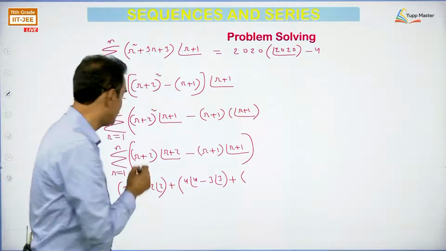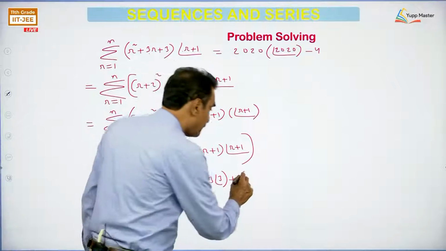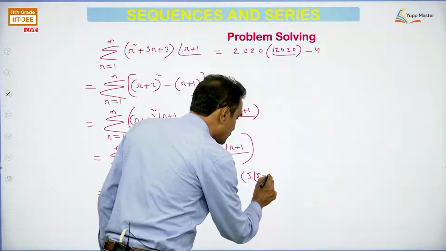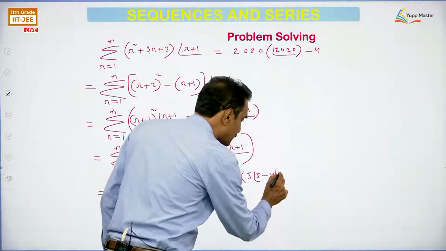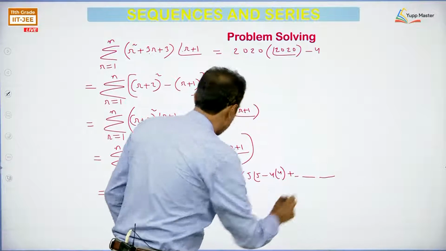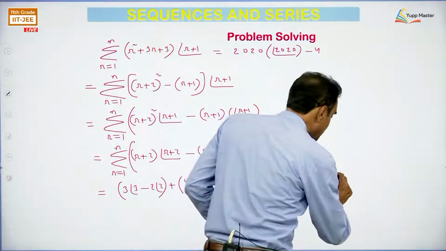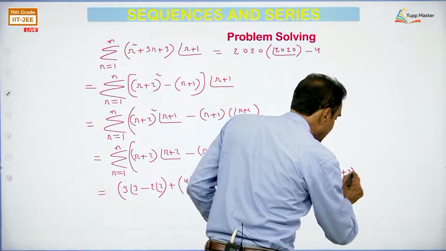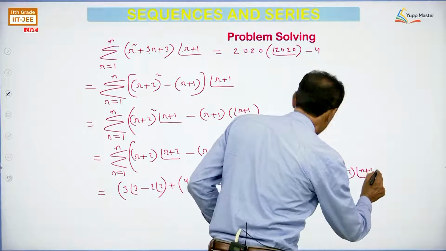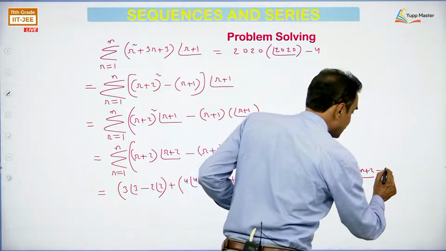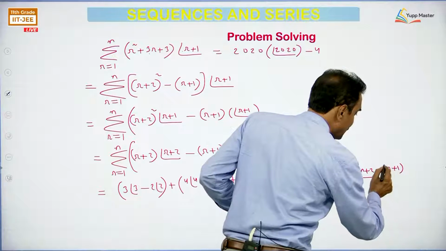Next term, putting r is equal to 3, 5 into 5 factorial minus 4 into 4 factorial and so on. Finally, putting r is equal to n, you will get n plus 2 into n plus 2 factorial, this one, minus n plus 1 into n plus 1 factorial.